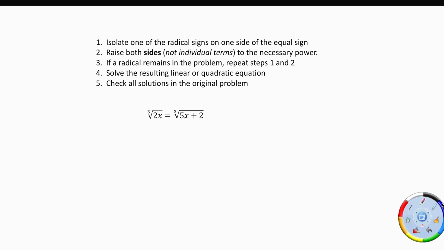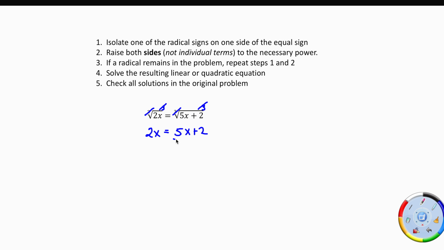Okay, we can even have higher powered radicals. We just simply, instead of squaring both sides, cube both sides. The radicals are already isolated, so I cube both sides, and a cube root will undo each other, leaving simply 2x equals 5x plus 2.